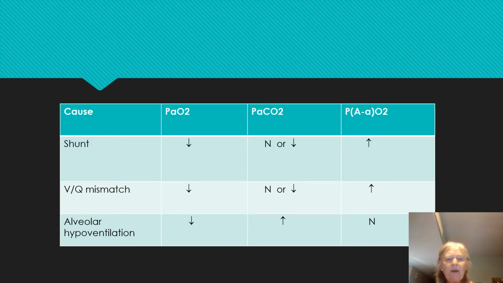So this is a little table I found some time ago, and basically it shows you that with a shunt, VQ mismatch, and alveolar hypoventilation, the PaO2 is going down. However, with a shunt and a VQ mismatch, the PaCO2 can be normal or decreased, but it's always going to increase with alveolar hypoventilation. And then the A to A gradient or difference is going to be increased with a shunt and a VQ mismatch. It remains normal with alveolar hypoventilation.